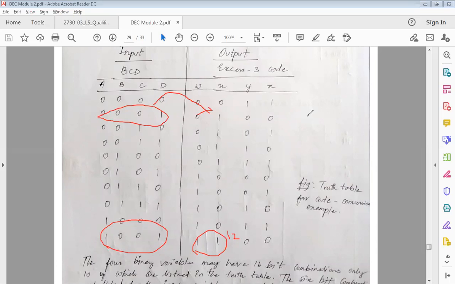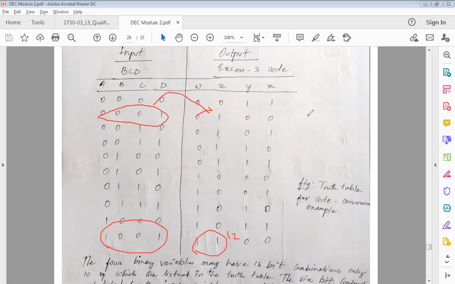See, a reason why we have done it is because of your numbers. Look at your decimal numbers. Frankly speaking, your numbers are only from 0 to 9, right? After that, any number that you take is a repetition. 10 is a combination of 1 and 0, which you have already included in the set of 0 to 9. So 0 to 9 is the main set, and using 0 to 9, I can generate any number.